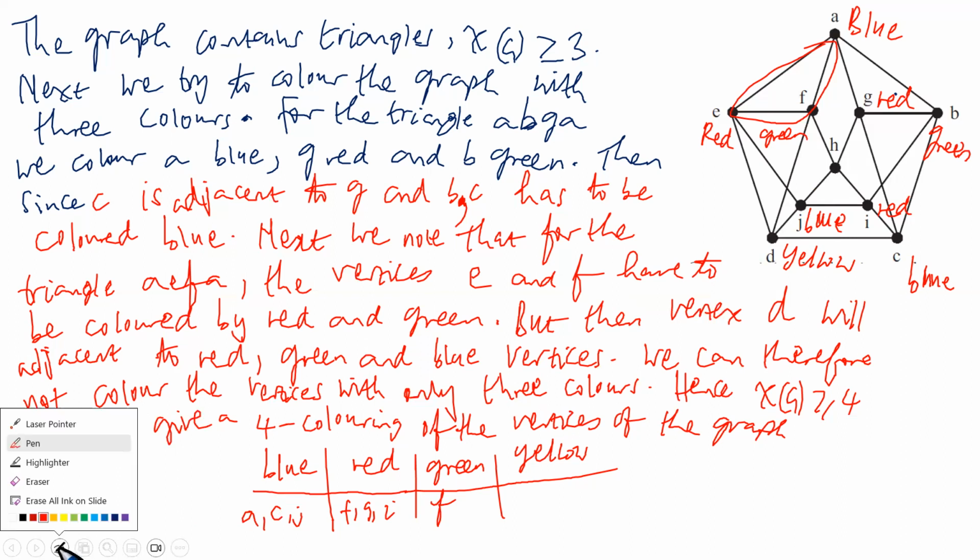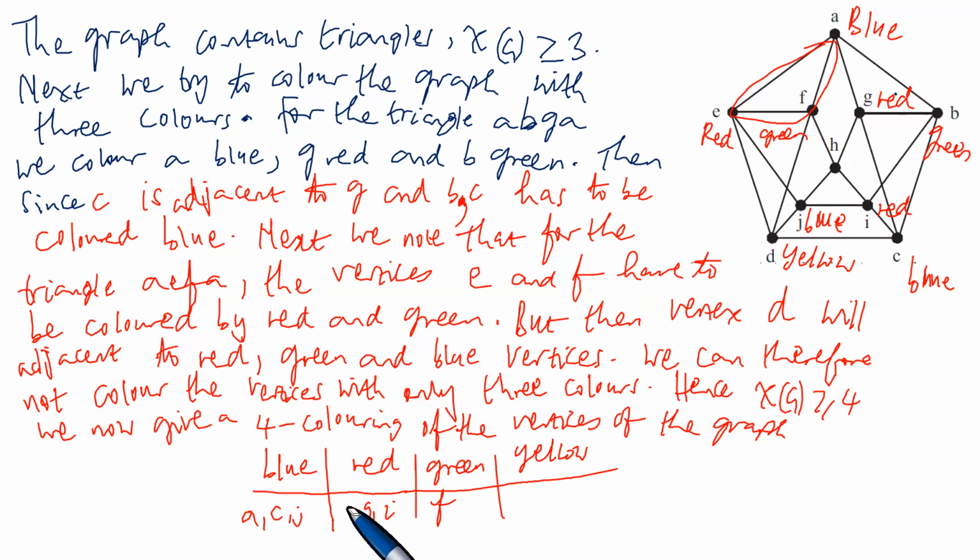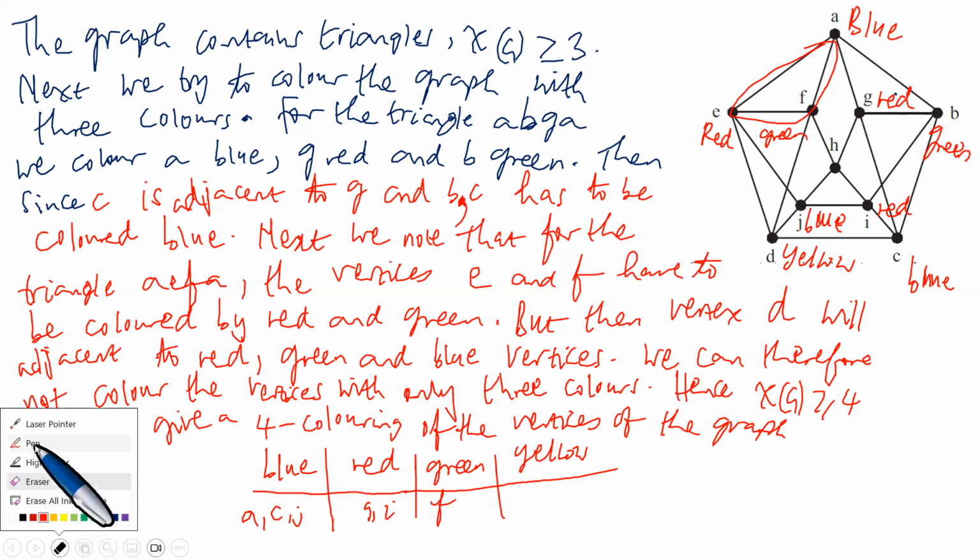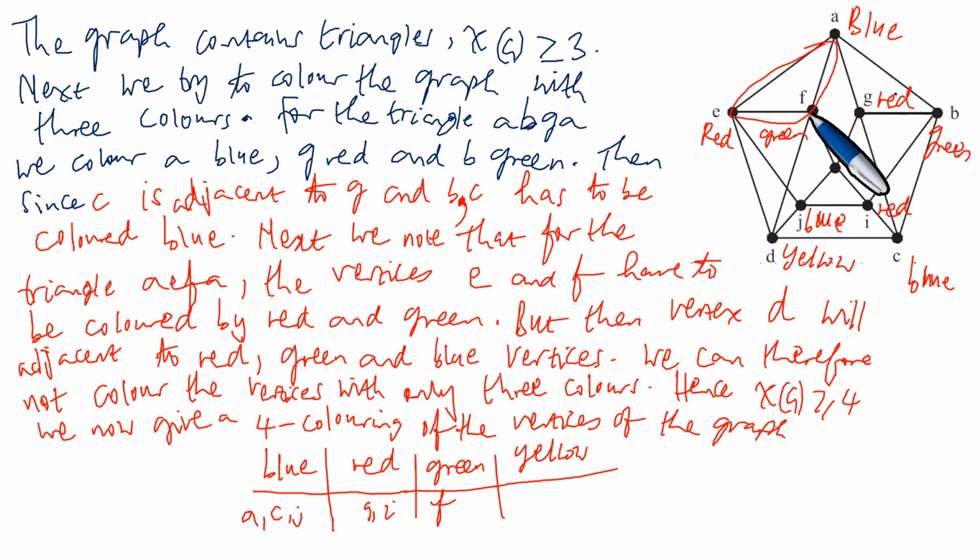But make sure you have all the vertices at the end of the day. Okay, because we just made F green. What else do we have here?